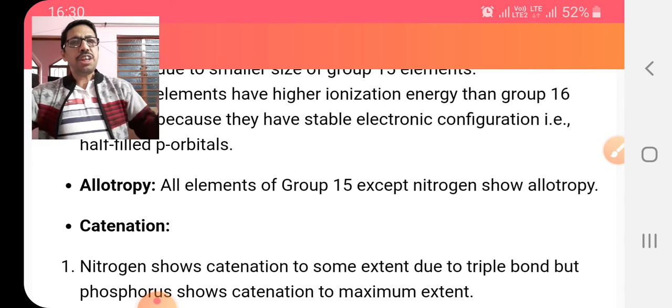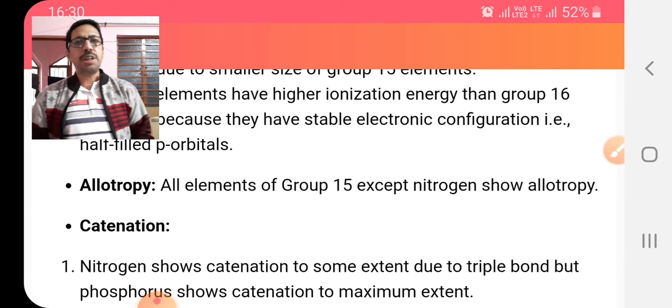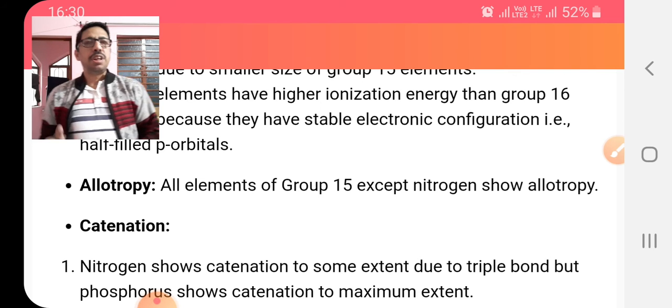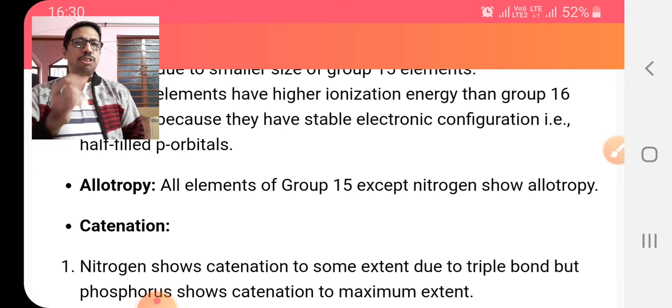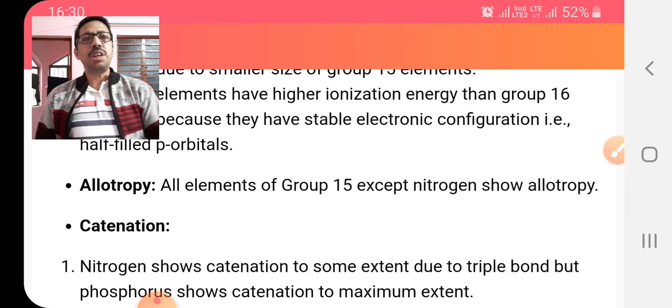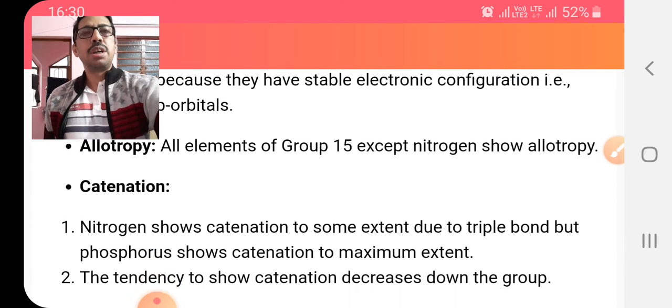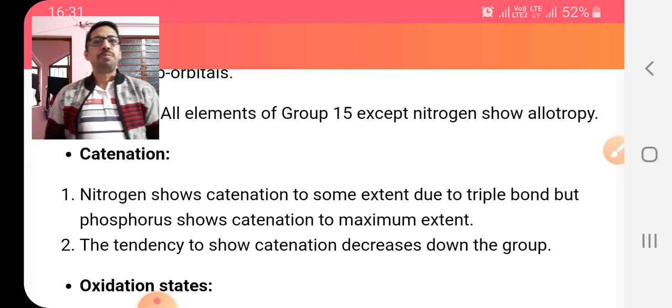And as the size increases, the catenation property decreases. As compared to nitrogen, the size of phosphorus is very large, so it has no tendency to show the catenation property to a maximum extent.